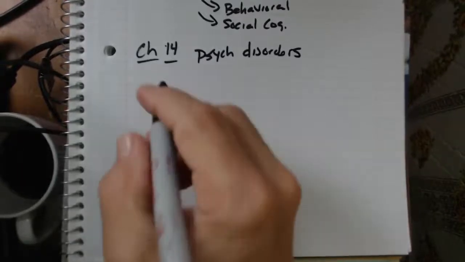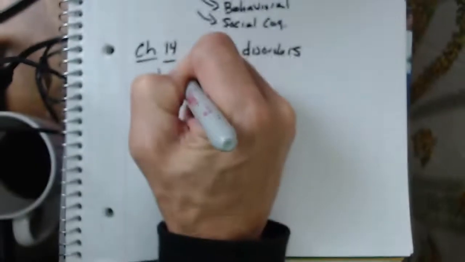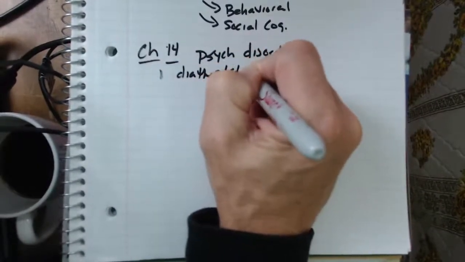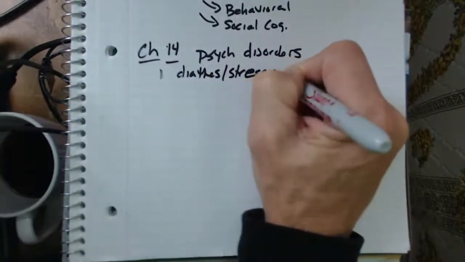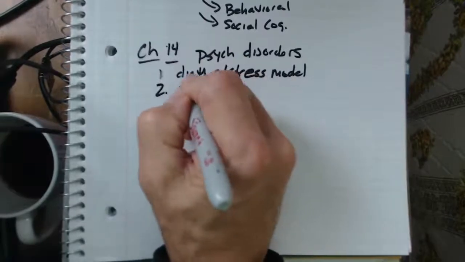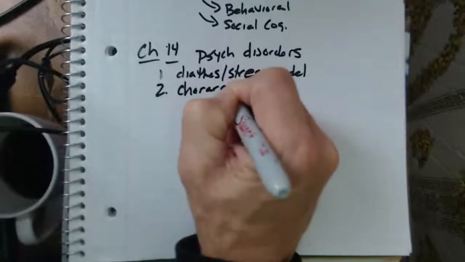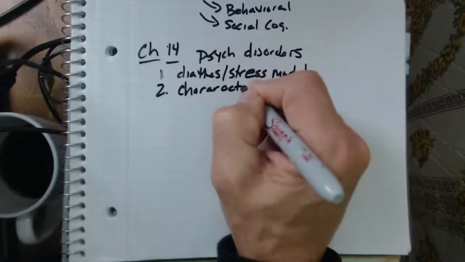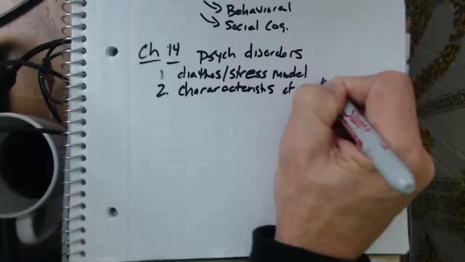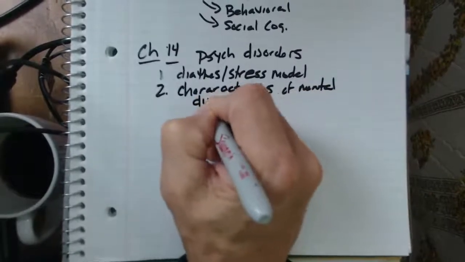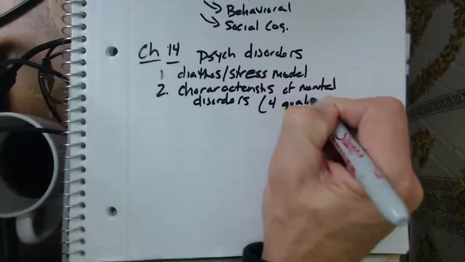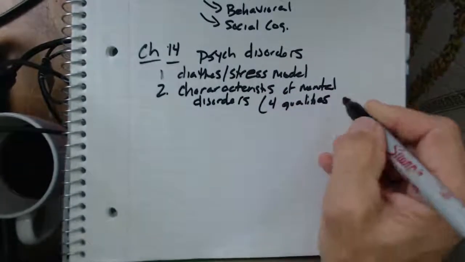Okay. There's a question about the diathesis stress model. There's 2 questions about the characteristics of mental disorders. Remember, I think we wrote down 4 qualities, right?